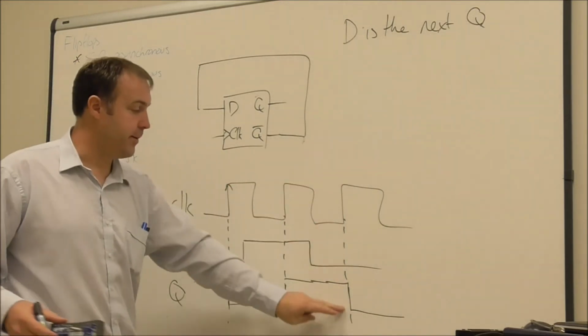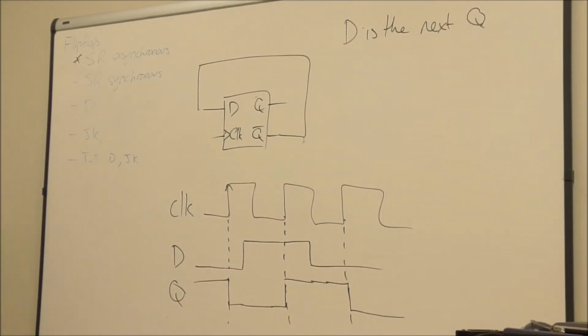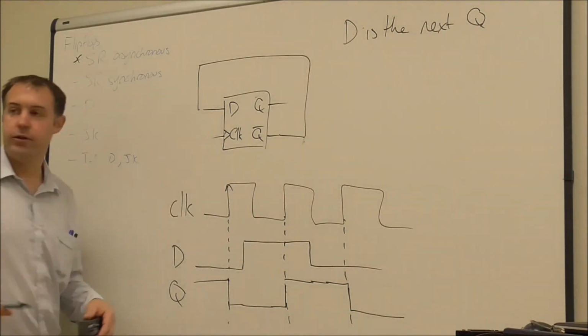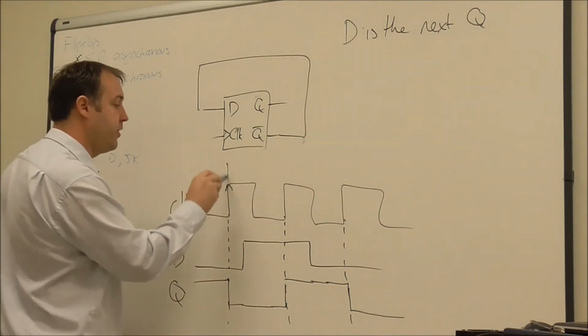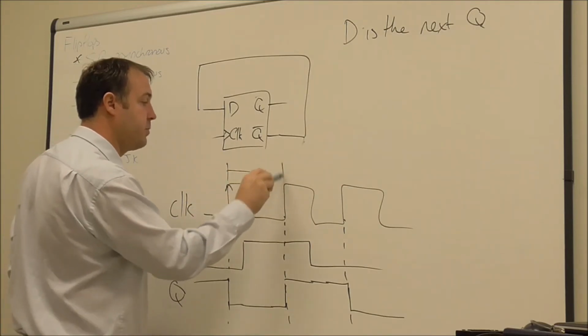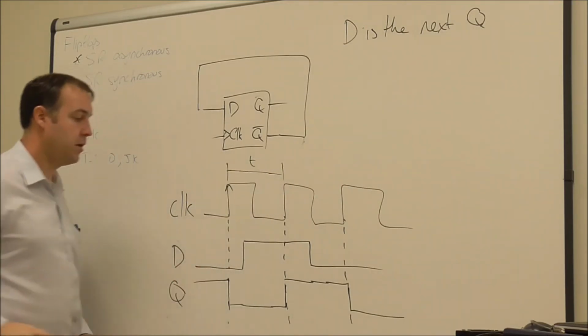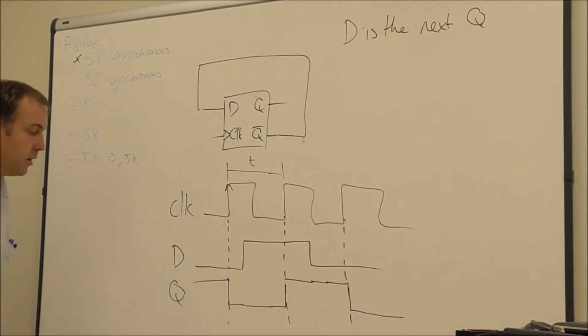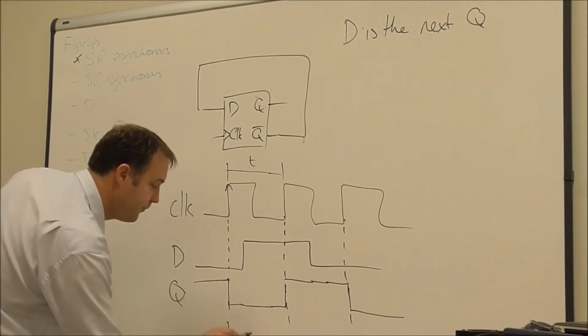Low, back to high again, the output changes. And so, if you have a look at the time between these pulses, the time between the rising edges is the time that this thing is low.